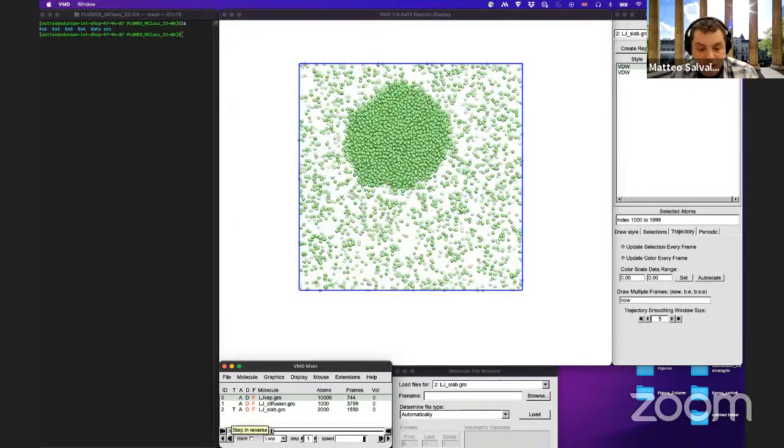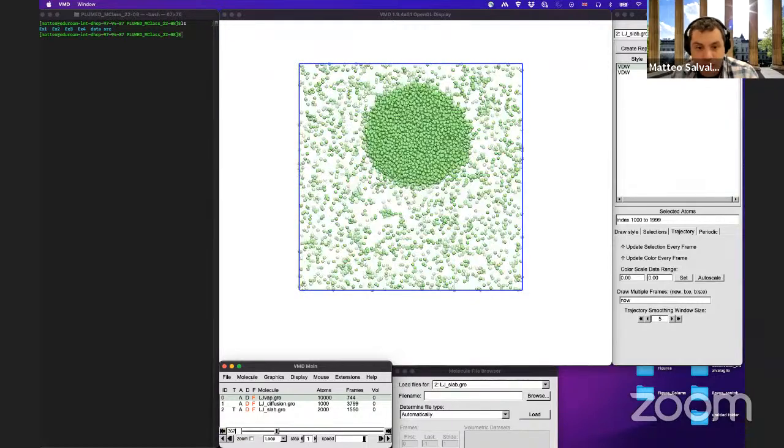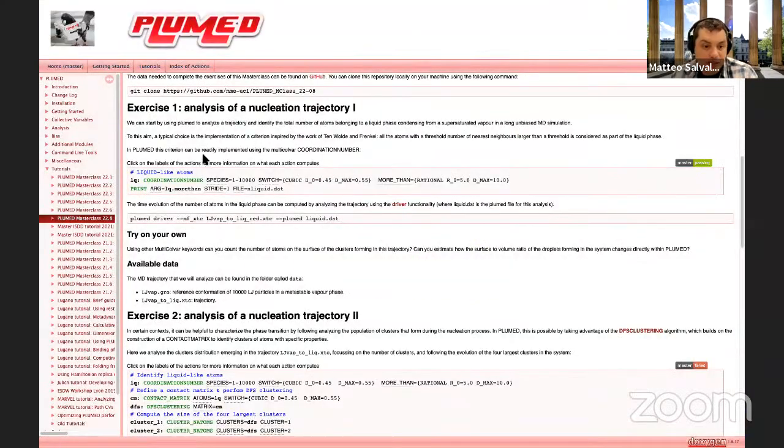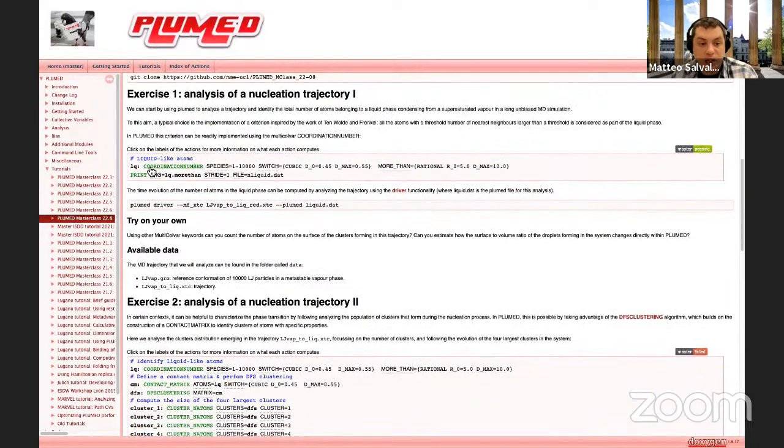So the first exercise, going back to the web page, will be based on defining a multi-colvar based reaction coordinate for this system that essentially classifies an atom as liquid when its number of neighbors exceeds a threshold, which in this case is 5.